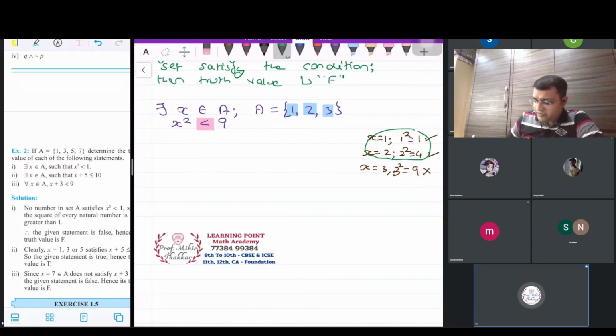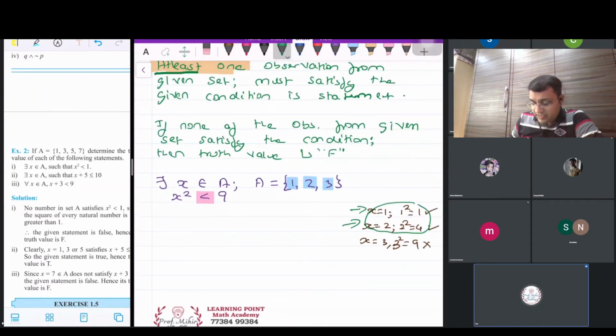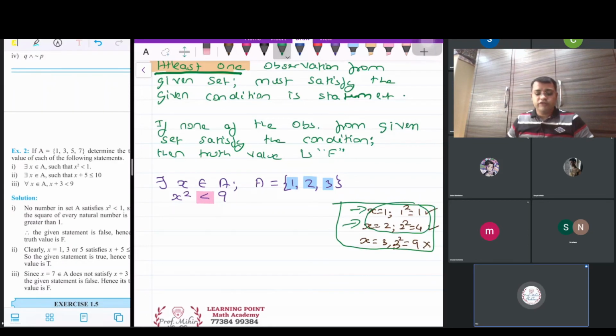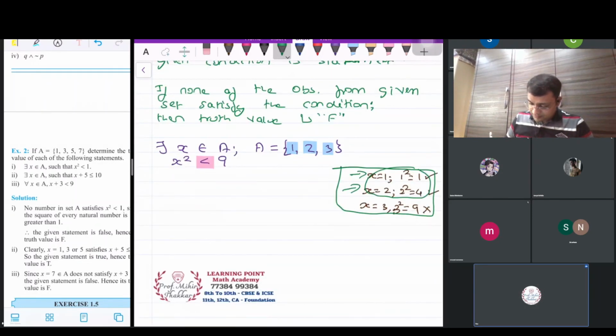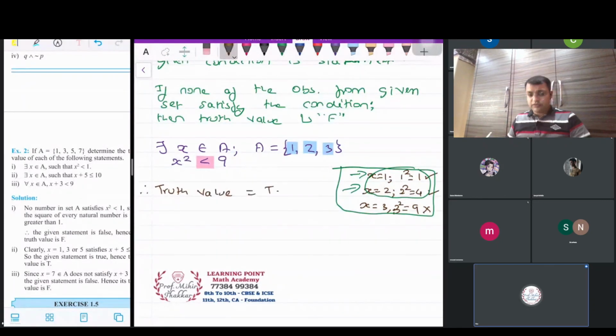If even one value satisfies, you can consider it true, because I have written very clearly at least one observation. But just for our understanding, I tried to check all of them, but it's okay because the first two observations are getting satisfied. 100% the truth value of this statement is T only. So I will get that the truth value is T.